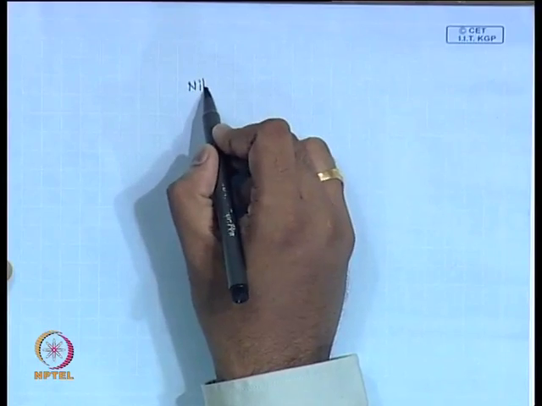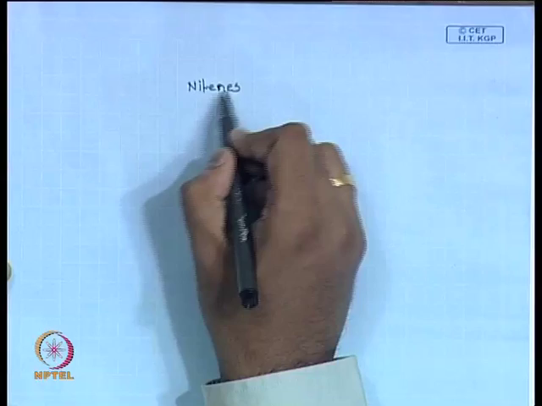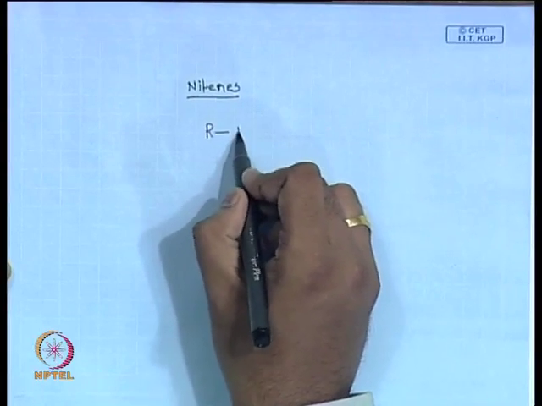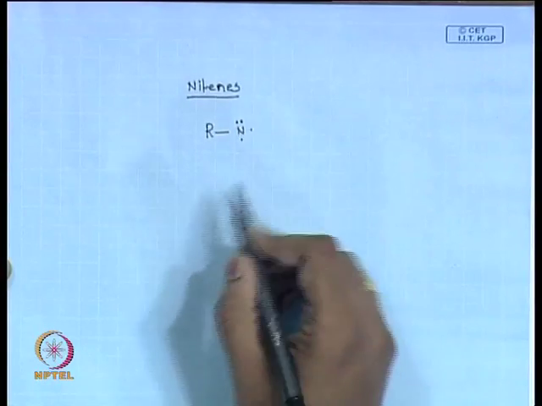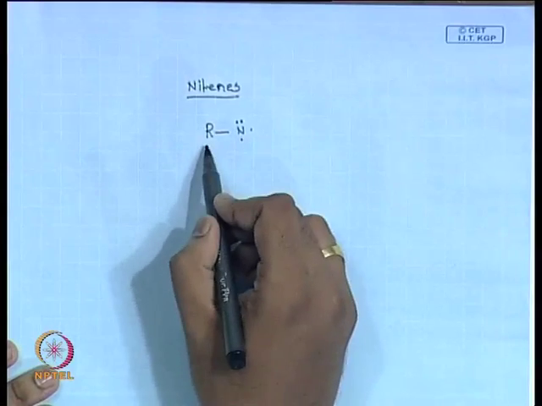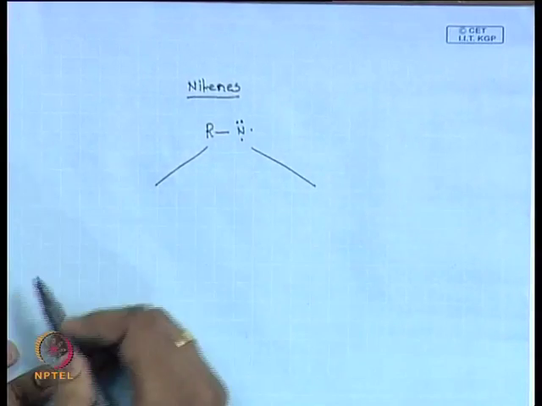So, again I have those 2 electrons, based on the spin of these electrons I can again divide nitrenes into 2. Okay.